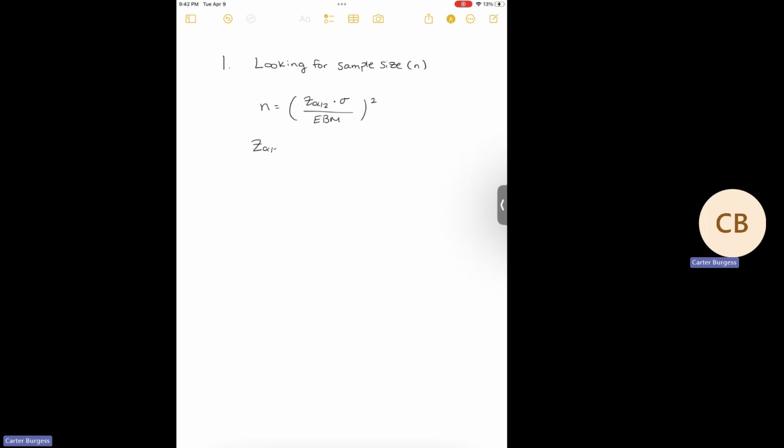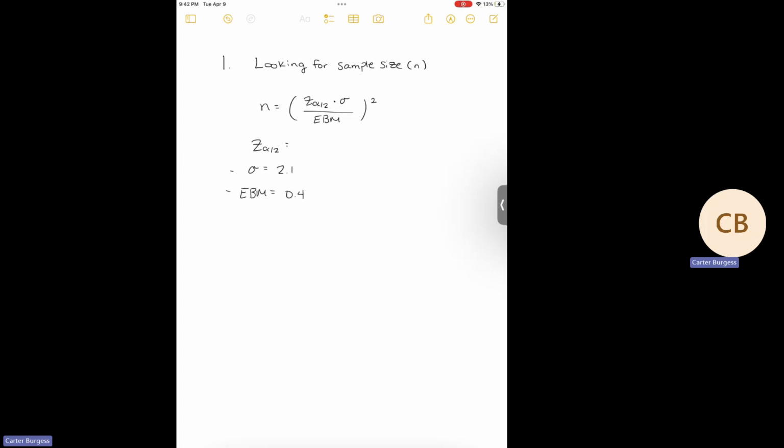We need our z of alpha over 2, we need our sigma, and we need our error. These two are just given to us, which is nice. In this case, we are told that our standard deviation is 2.1 inches, and we are told that we want to be within 0.4 inches of the mean. So this will be 0.4 right here.